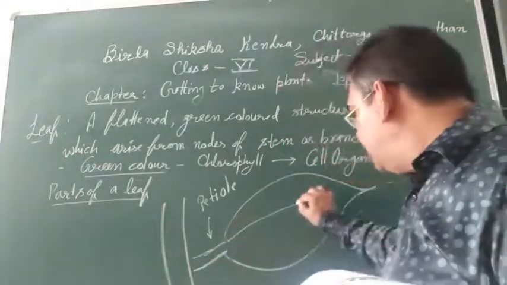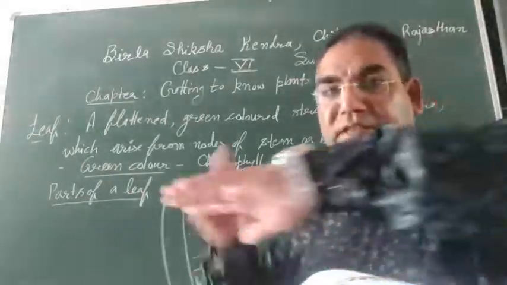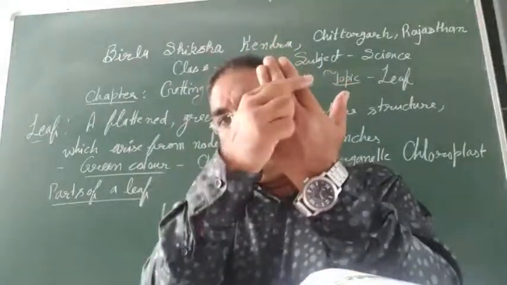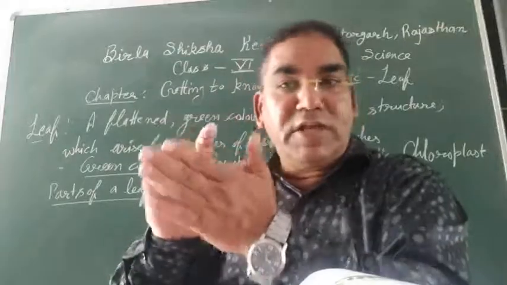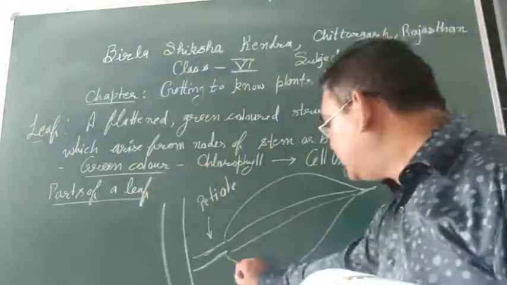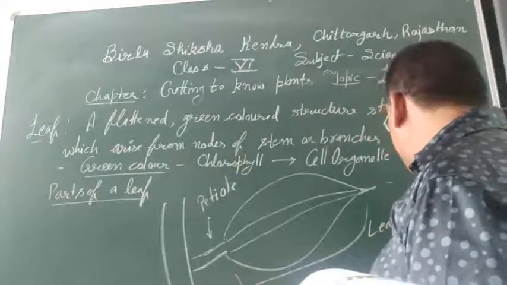In a leaf like this one, this is the petiole, and the flat, broad portion of the leaf is known as leaf lamina.